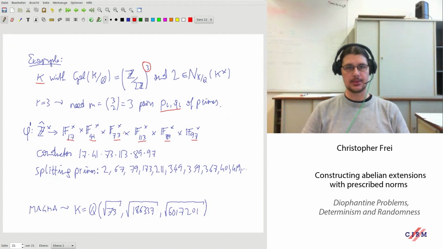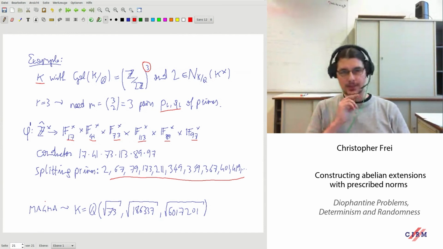Now this is very explicit and concrete. You can read off the conductor of this if you think about it a little bit. And together with some data that comes from the construction of this, one can also read off the splitting primes. So this is a list of the first few primes that split in this extension.